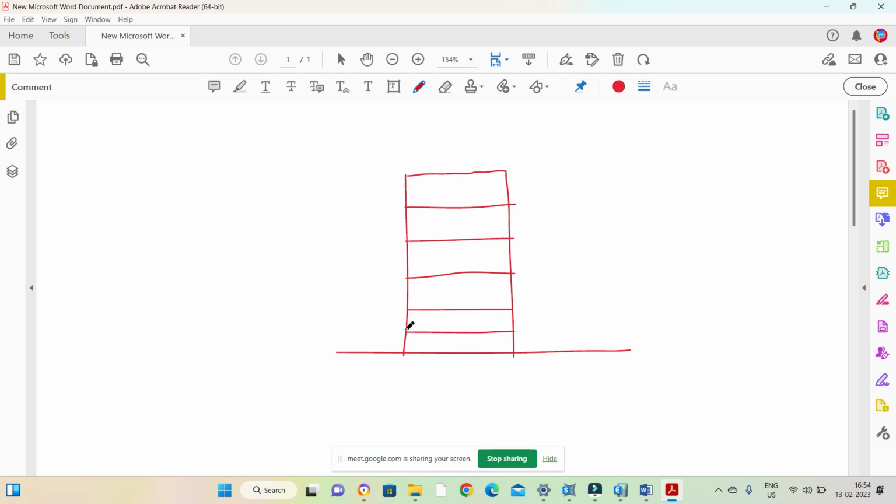Okay, so let us take this example structure, and what I want to do is apply lateral force here with a particular pattern. The pattern can be anything, which we'll discuss later on.